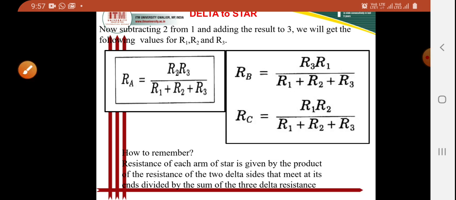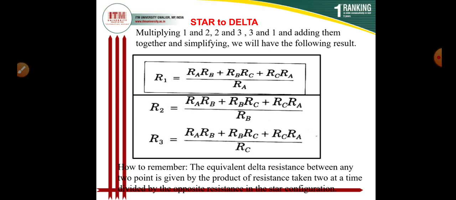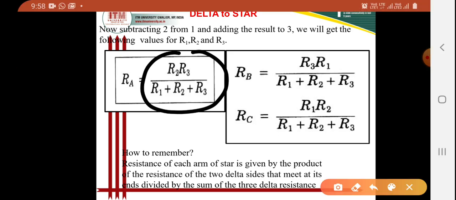Now in our next slide we are coming to star to delta conversion. In this slide we learned how to convert delta to star, that is, how to convert the resistances from delta form R1, R2 and R3.